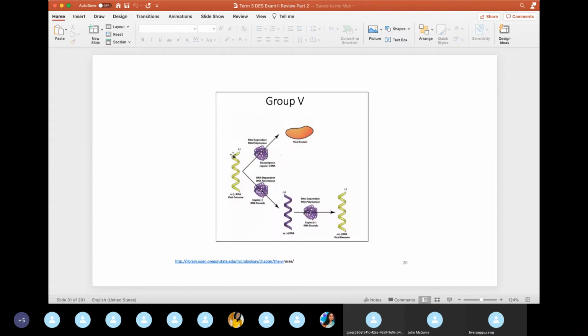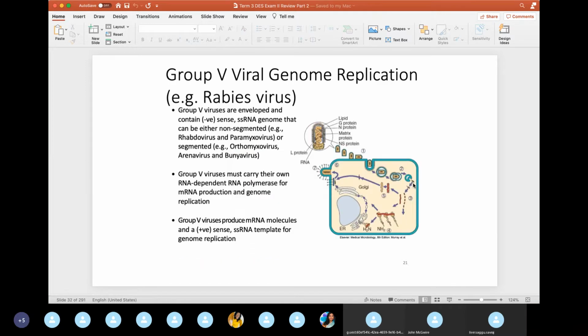Group 5, single-stranded negative RNA. So what do they need in order to make proteins? RNA-dependent RNA polymerase. You need to know that one to make viral proteins. Example of group 5, rabies virus. These are your rhabdovirus. Term 4, you're going to learn about paramyxovirus.